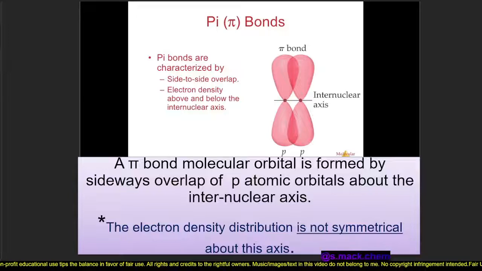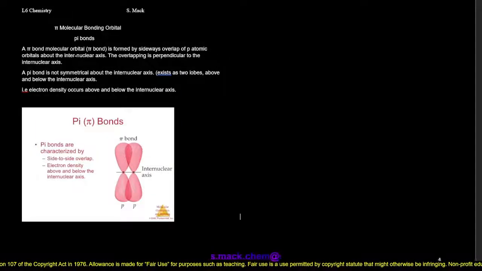I'm taking a look at the slide on the screen where we have our internuclear axis defined on our diagram. We see the extent of that sideways overlap, and as stated, it says the p atomic orbitals through sideways overlap about this internuclear axis forms a pi bond, such that the electron density is not symmetrical about the axis, but it occurs above and below the axis. On this page, you're going to see a few notes written about the definition of a pi bond.